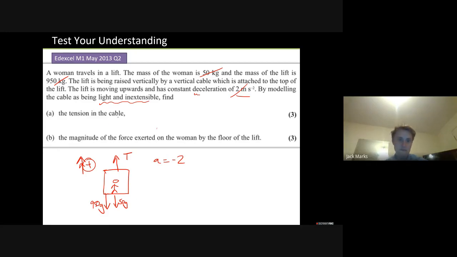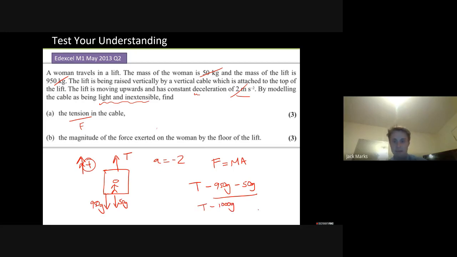So what's the tension? Well, tension is a force. So I've got lots of forces here. I've got an acceleration, I've got masses. I'm going to try to use F equals ma. What's the resultant force? Well, my driving force is the tension, and what holds it back is 950g, and then also 50g. If you prefer, you could write that as T minus 1000g.